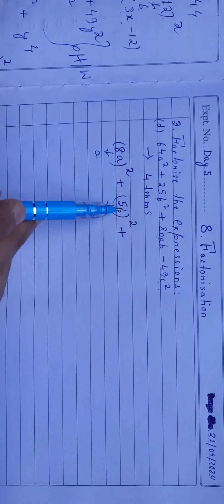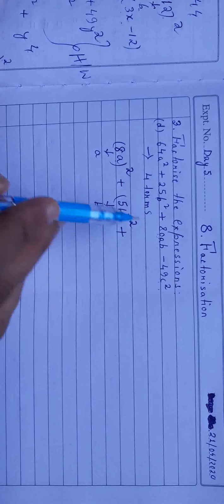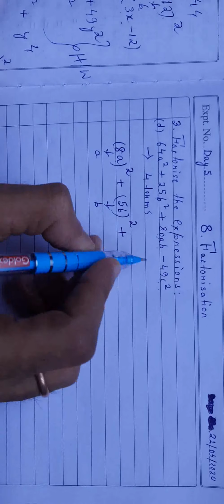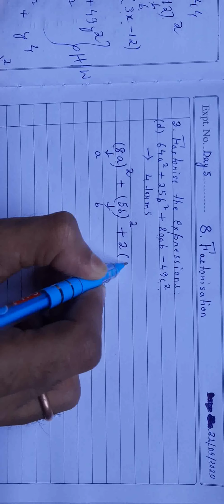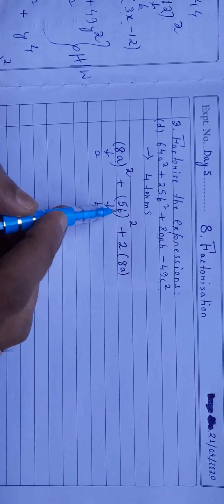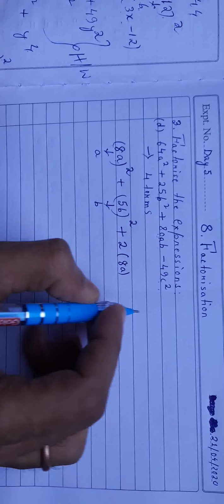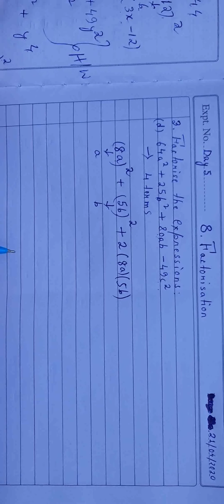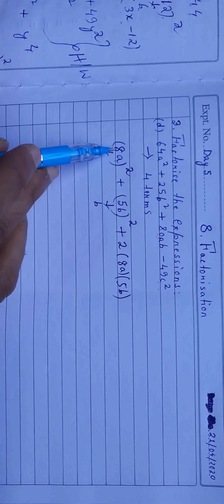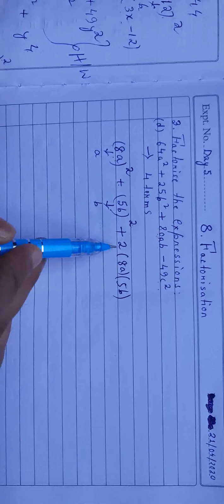So it is a square plus b square, and then we have got plus sign. That means a square plus b square plus twice ab. A is 8a, so within a bracket we'll write 8a. B is 5b, so within bracket we'll write 5b.